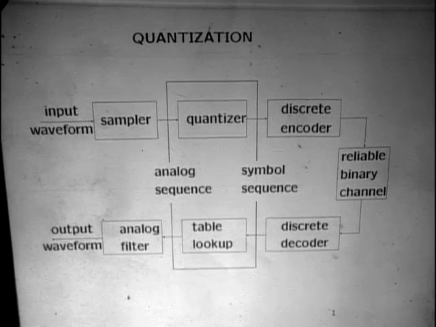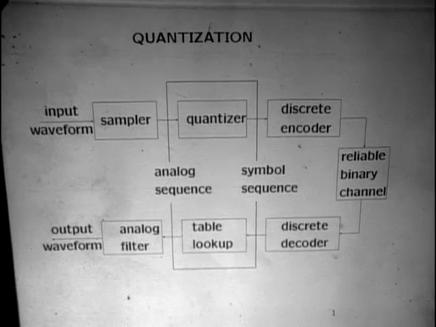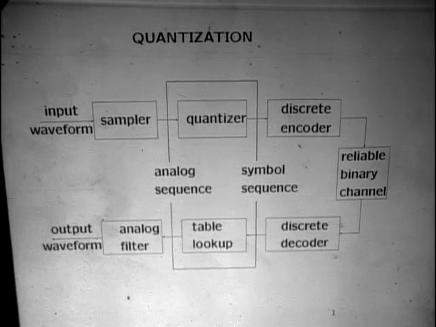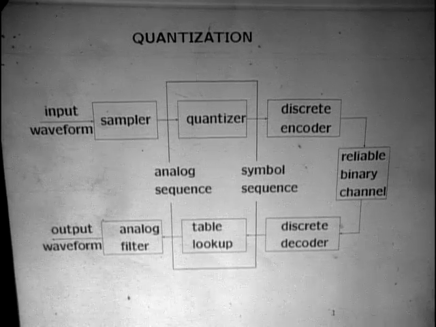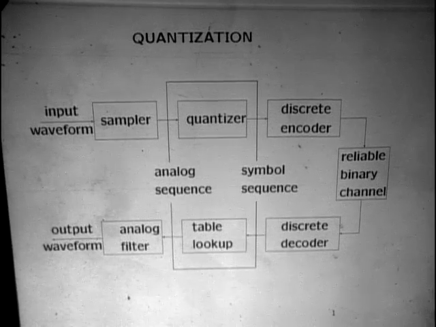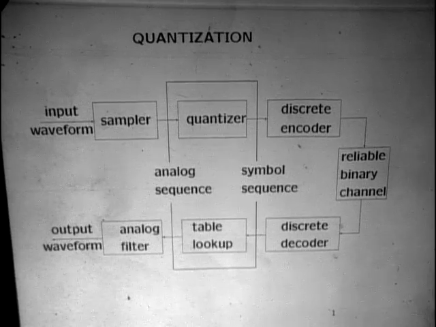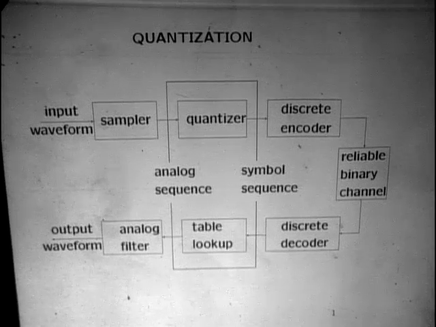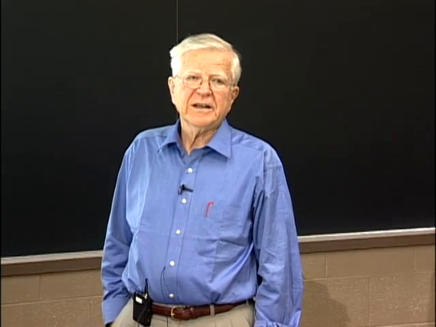I mean, you have text and stuff like that, which is discrete to start with. So there's a general topic of how do you encode discrete things. We've pretty much answered that problem, at least in an abstract sense, and the main point there is you find the entropy of that discrete sequence, the entropy per symbol, and then you find ways of encoding that discrete source in such a way that the number of bits per symbol is approximately equal to that entropy.